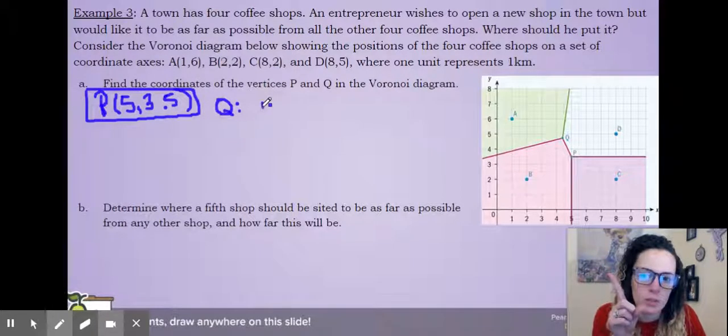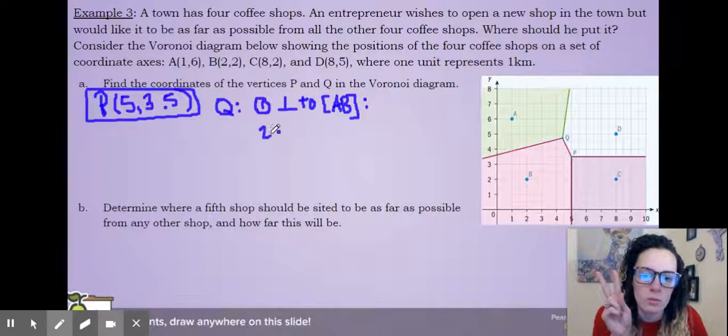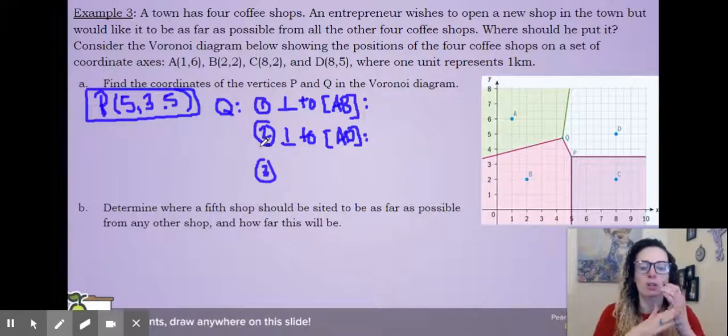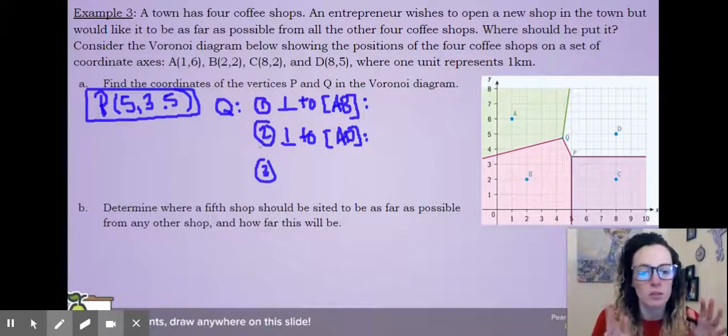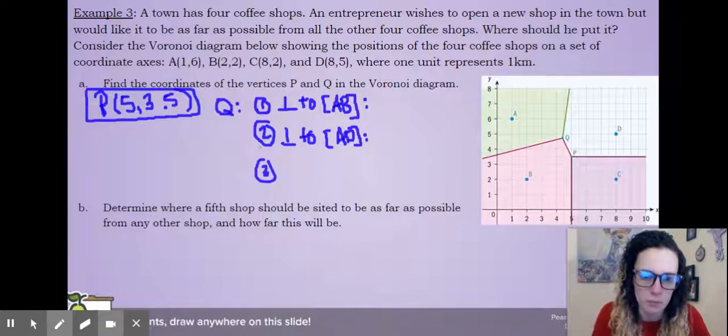First, we find the perpendicular bisector between A and B. Step 2, we find the perpendicular bisector between A and D. And then step 3, we find the intersection of those 2 lines.